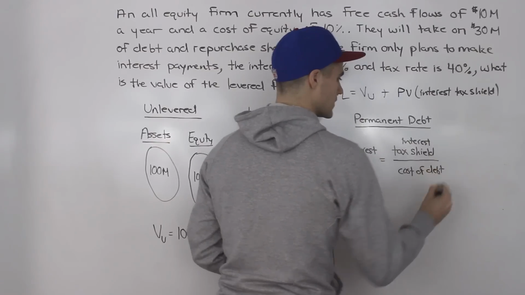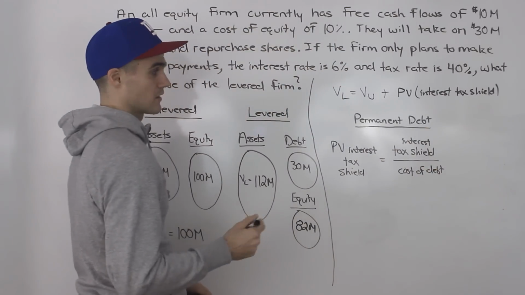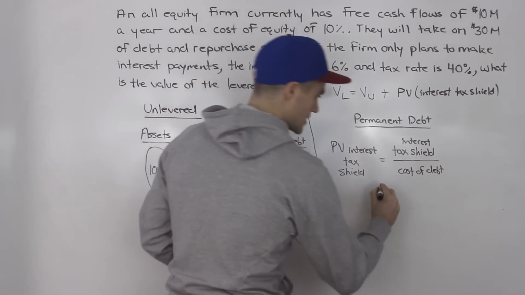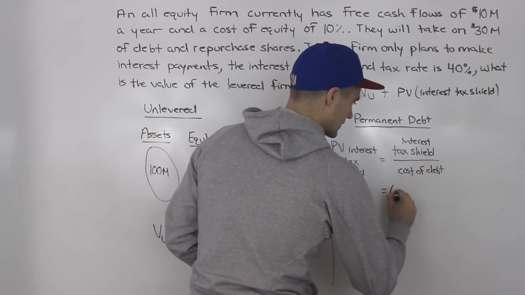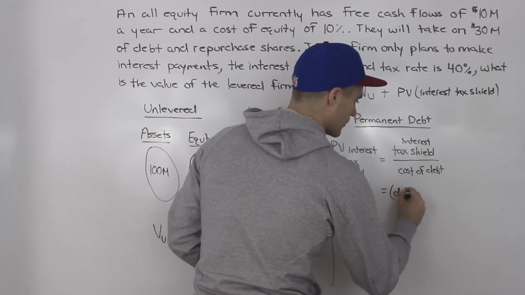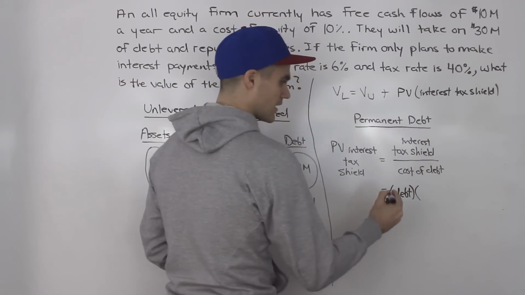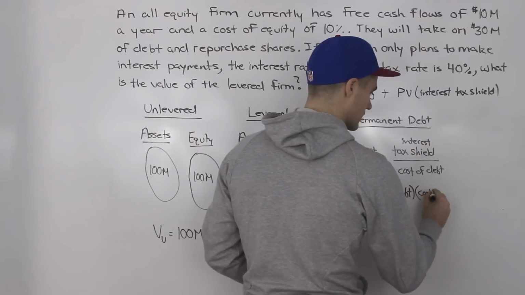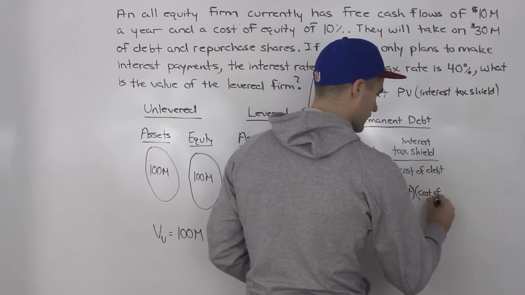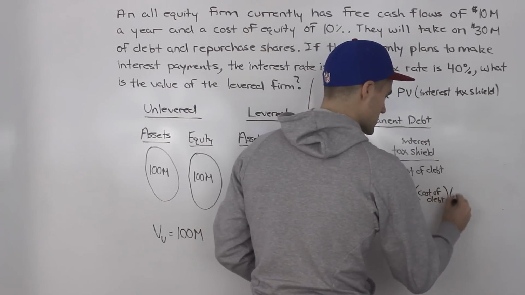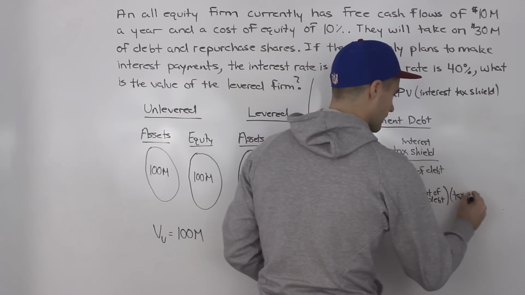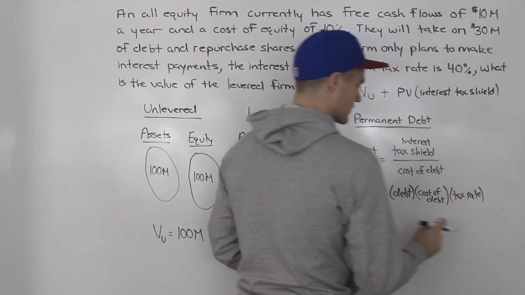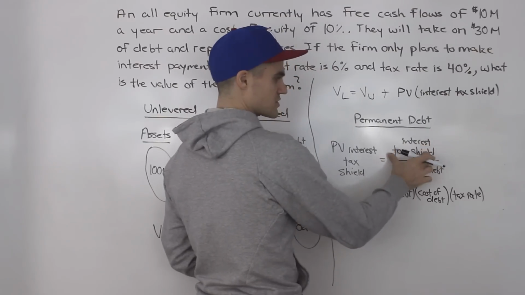It's just a perpetuity calculation. We just did that. Well, how do you find this interest tax shield? It's basically the debt of the company times the cost of debt times the tax rate. So this formula here is what the interest tax shield is.